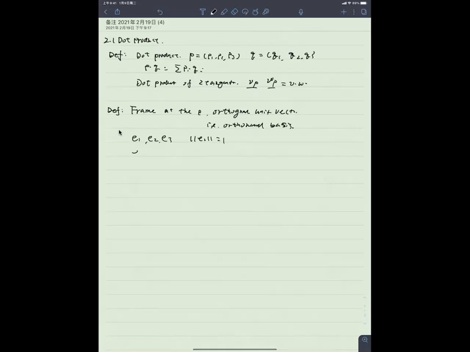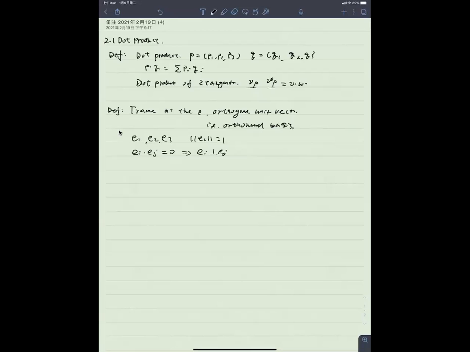Perpendicular is defined as: if the dot product of ei and ej equals 0, then we say these two vectors are perpendicular. Sorry.